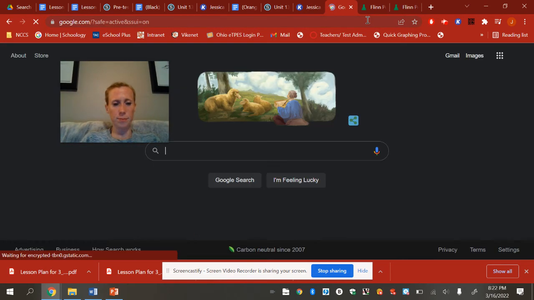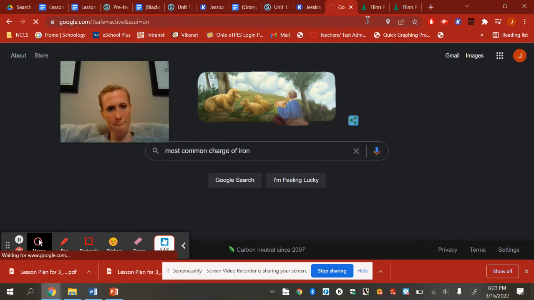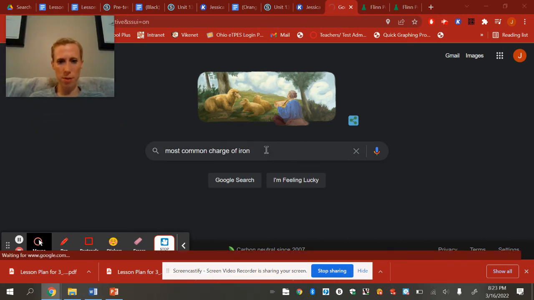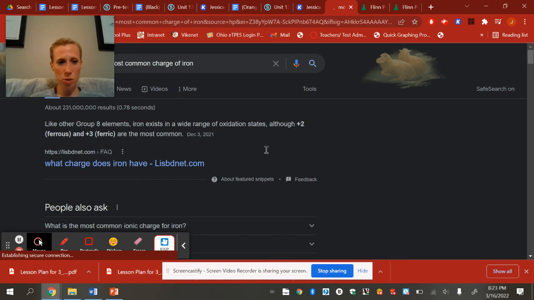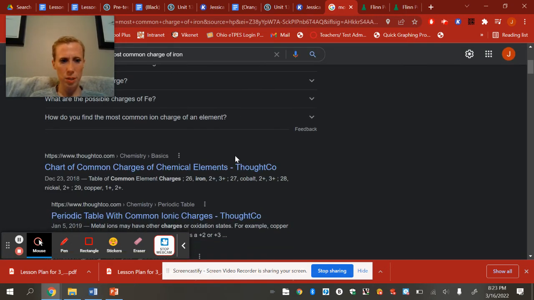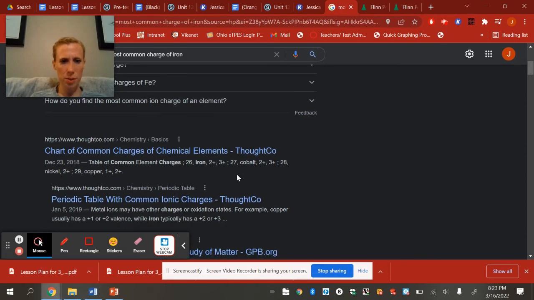Okay. Common charge of iron. Everything can be found on the internet. What is the most common charge of iron? Two plus and three plus.